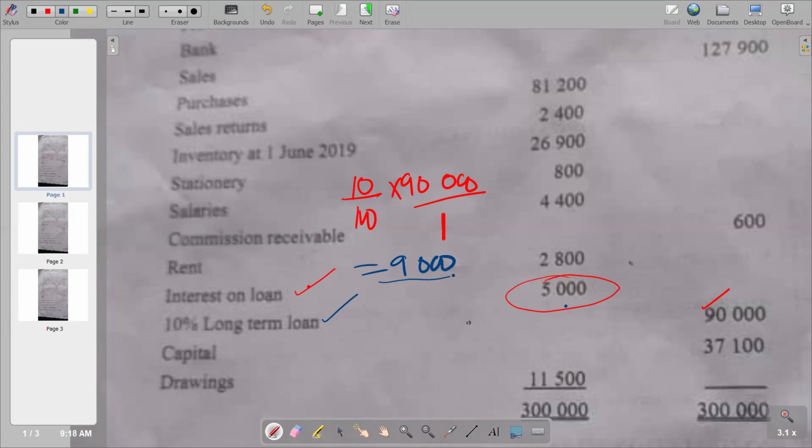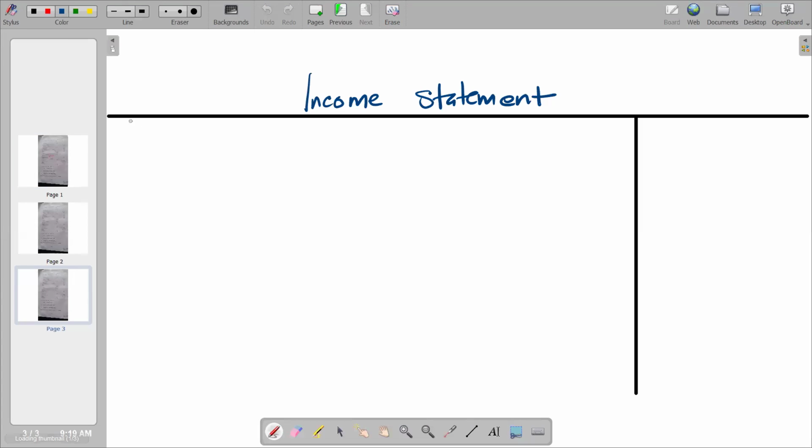So in brackets, you are just supposed to show that there is an amount that is still outstanding of interest on loan by saying the 5,000 plus the 4,000 that is owing, and then you put your 9,000. So in other words, when we now come to your answer section, in the income statement, we are saying interest on loan.